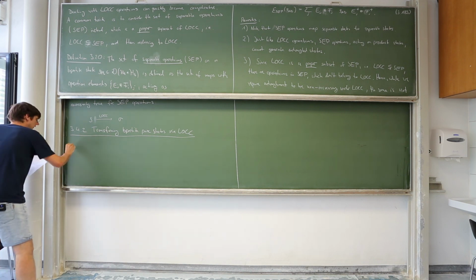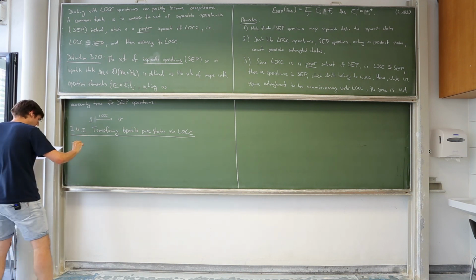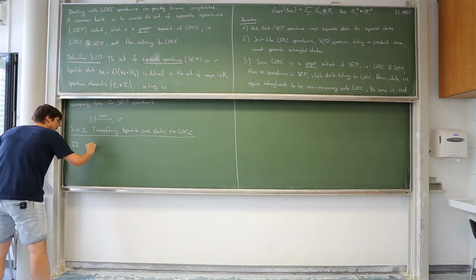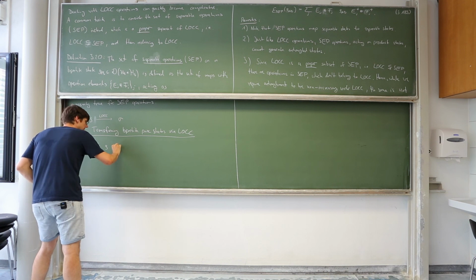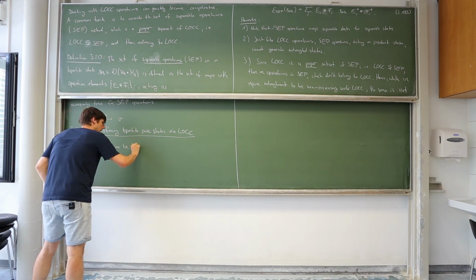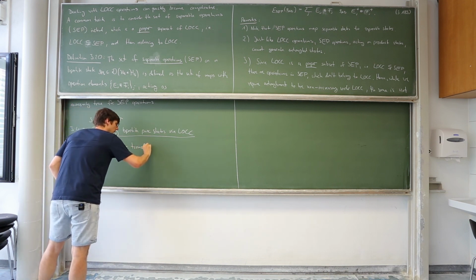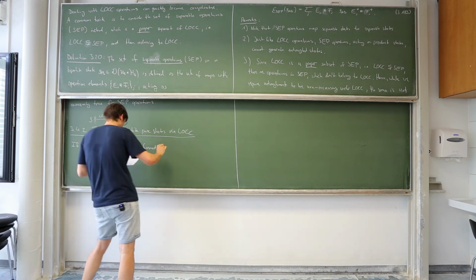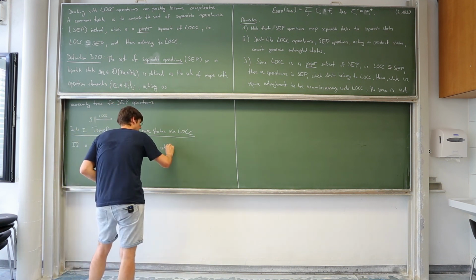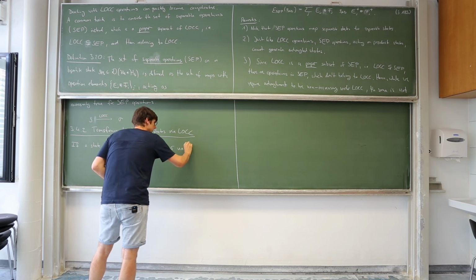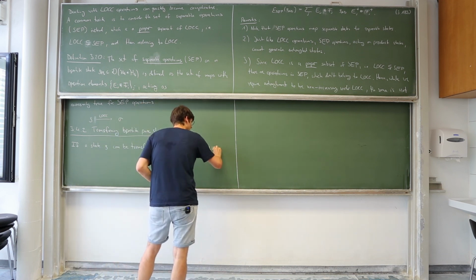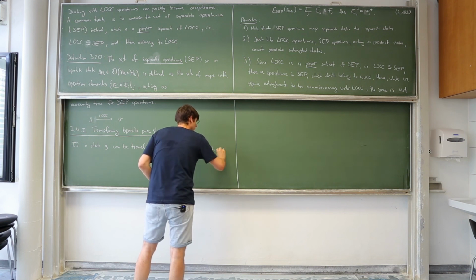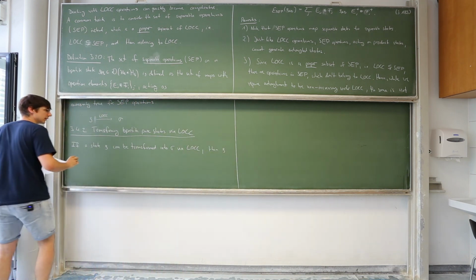So first, if a state rho can be transformed into sigma via LOCC, then rho must be at least as entangled as sigma.